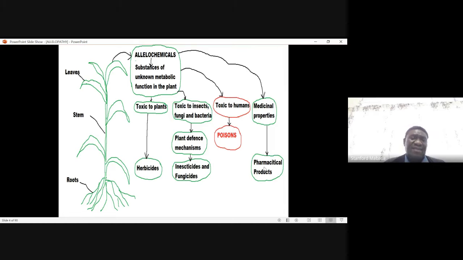Our interest is this route where we have plants producing allelochemicals which are toxic to plants, and these can be potentially exploited to produce herbicides. So this is our focus for this lecture.